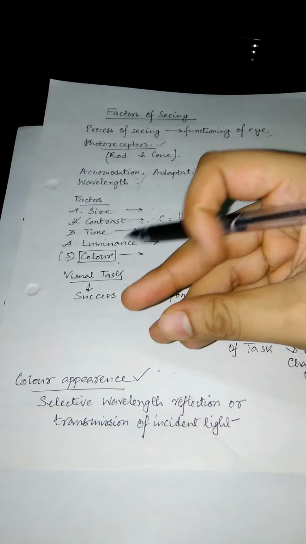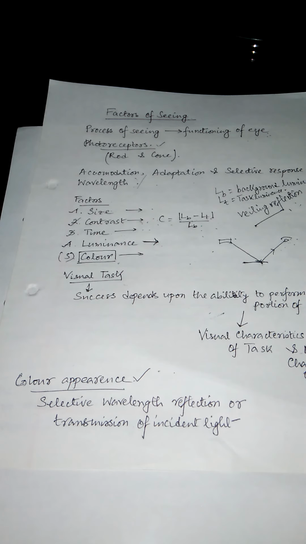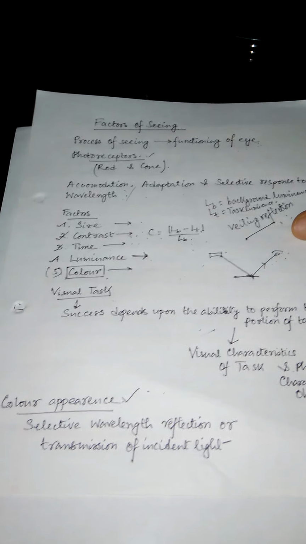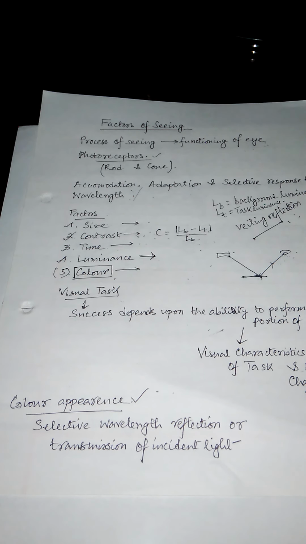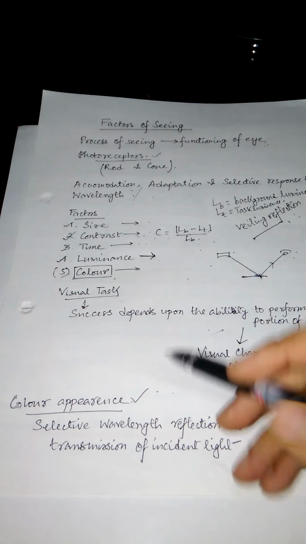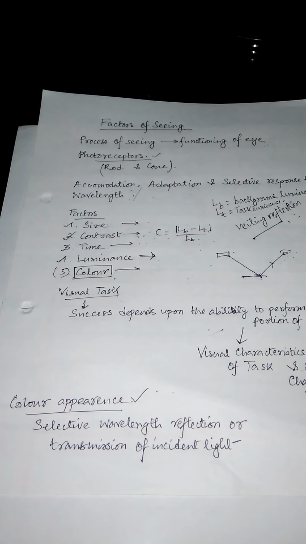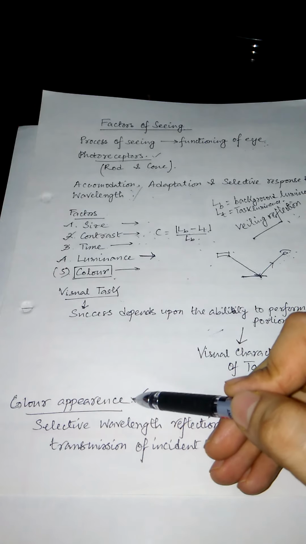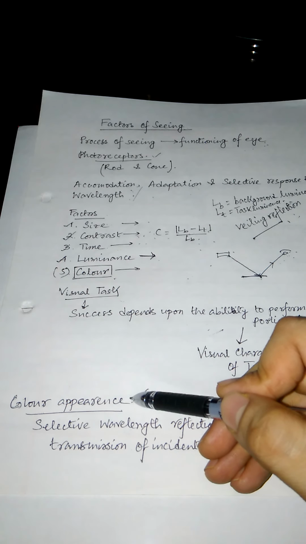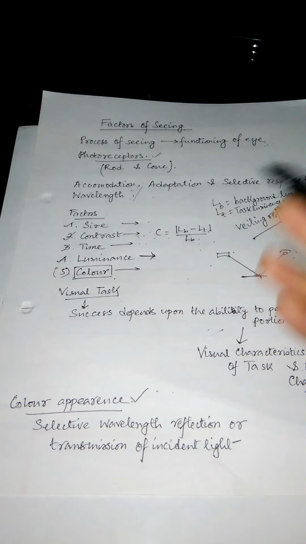Why, when we are considering the same thing, do two different persons judge the color, the brightness and the other things in different ways? Because of visual perception. And obviously visual perception also depends on the color appearance, how the color appears to us.